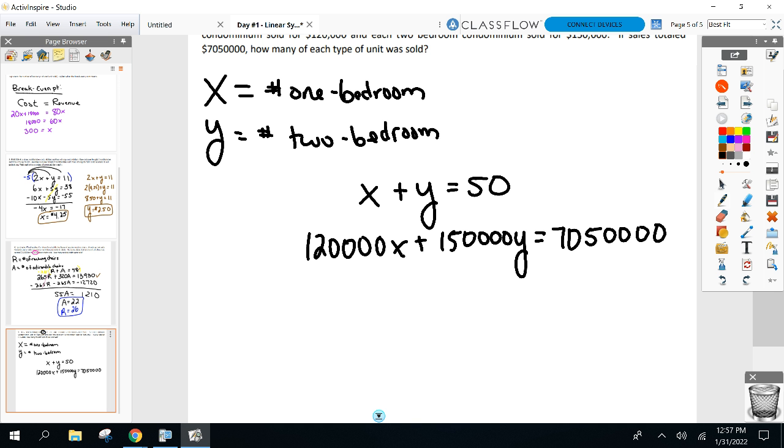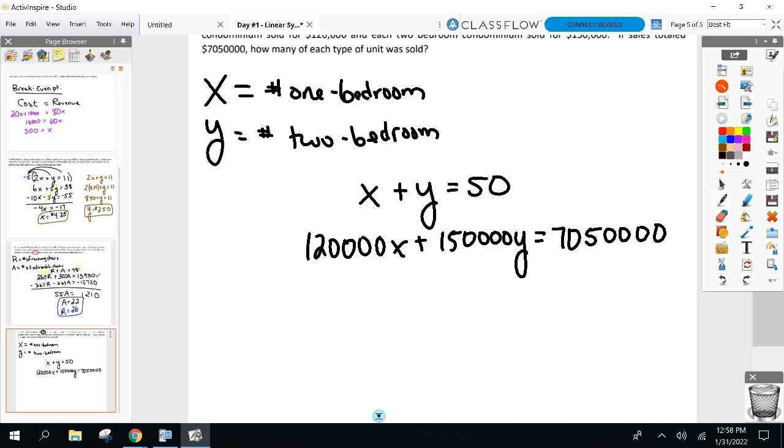And then now you finish it to solve for y. You get your value for y, which is 2 bedrooms, and then how many total did you have? 50, right? So whatever you get from there, subtract it from 50, and that's the other thing. Finish it up. I'm going to go over the answer in a second.